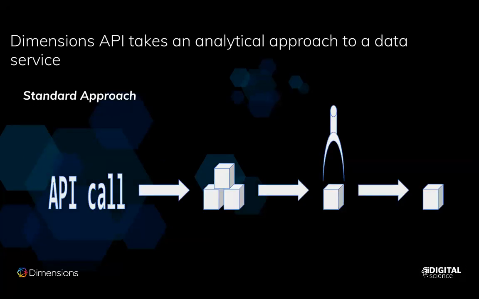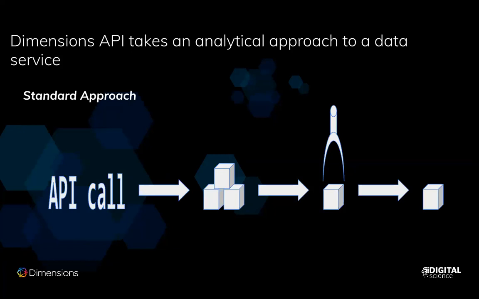If we were to talk about what that looks like as a concept, how these calls are made, we take a fairly different approach than many APIs do in terms of how we expect you as a researcher to make a call. So with a standard API, you would make a call, get back a bunch of data, then you would carve out the data that you needed and select and analyze just the data that you needed in order to get your overall data available for analysis.